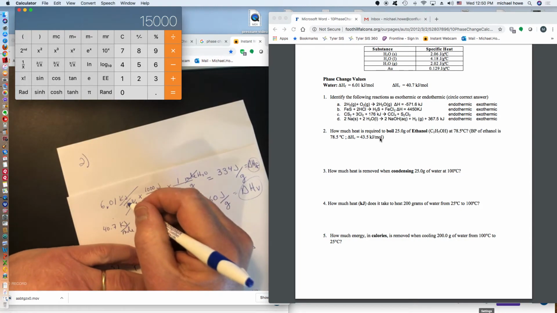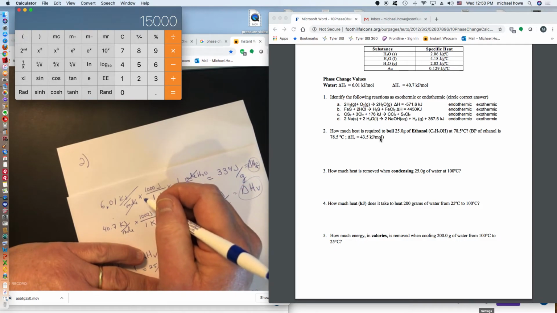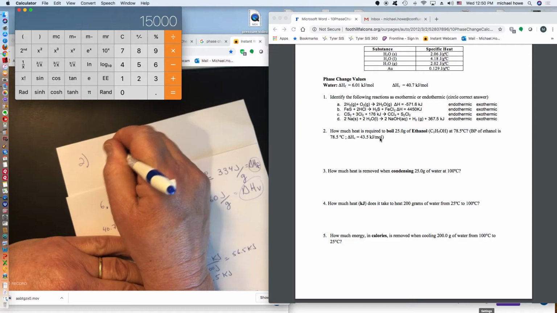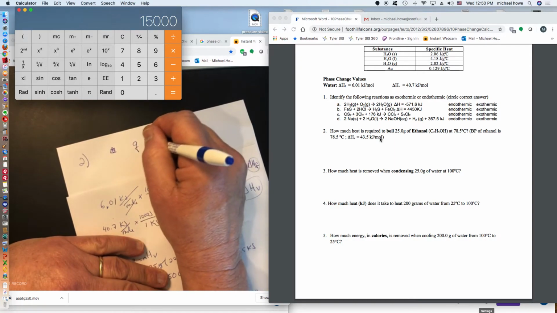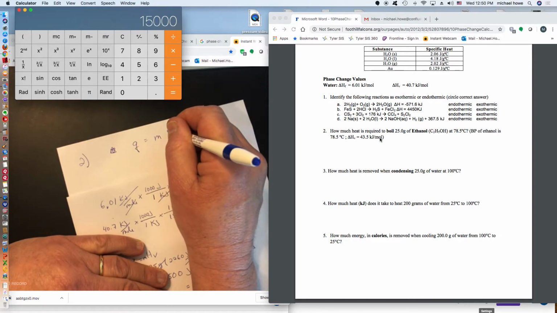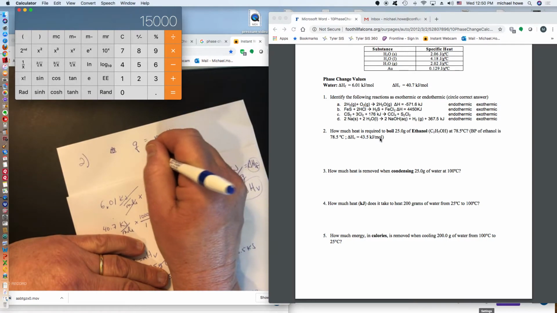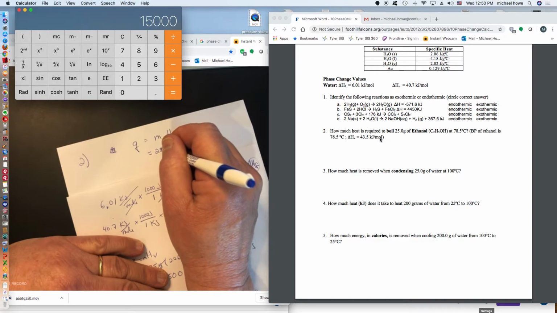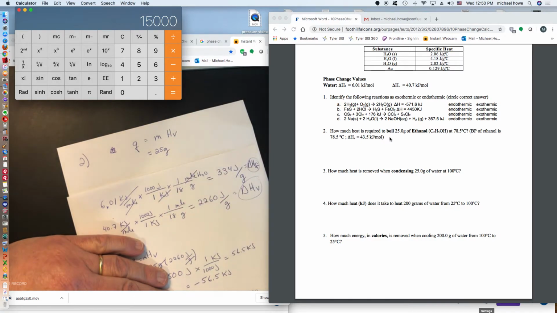So let's go ahead and do that. We're at the boiling point. We have 25 grams. We know that the quantity of heat would equal the mass times the heat of vaporization. And the mass is 25 grams, as problem number 2 tells us right here.